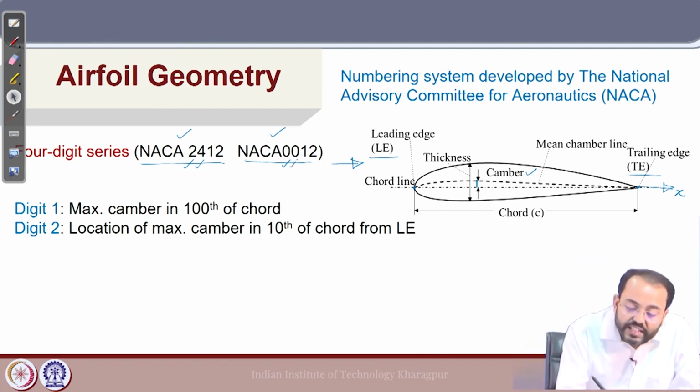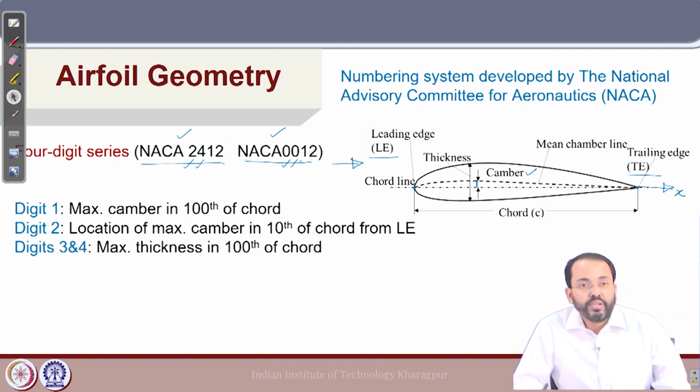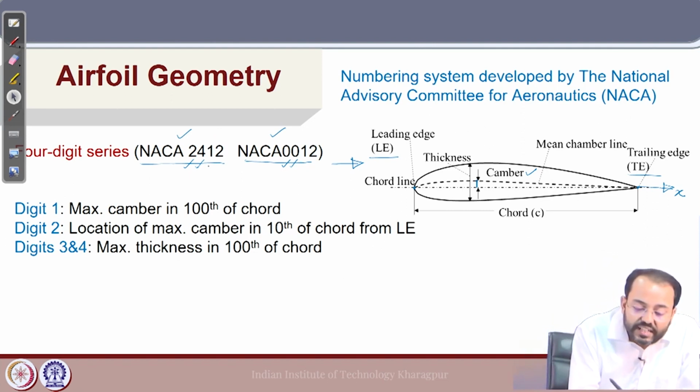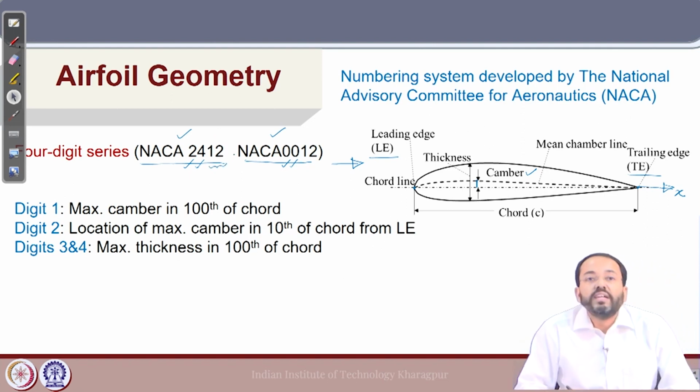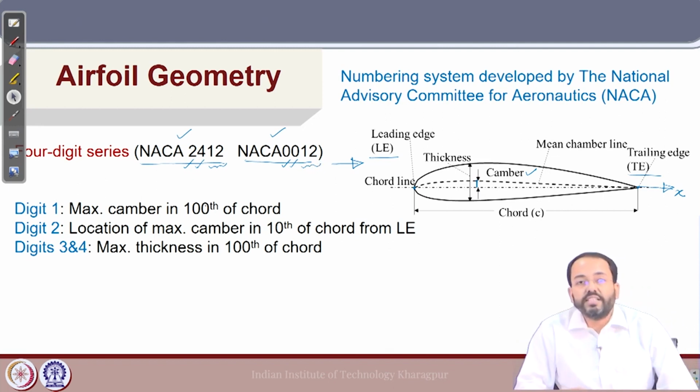Again, for NACA 0012, because there is no camber, the second digit is also 0. The third and fourth digits combined give the maximum thickness of the airfoil section in 100th of chord. That means third and fourth combined is 12, so the maximum thickness is 12% of the chord length, which is the same between the two foil sections that we have shown.